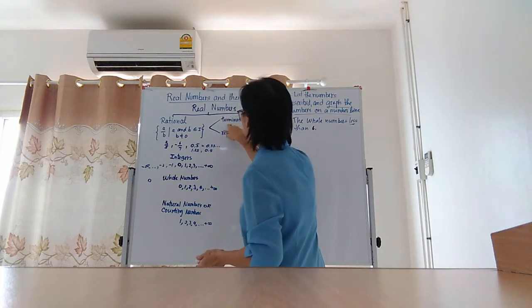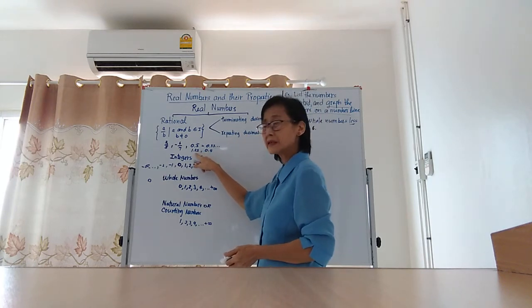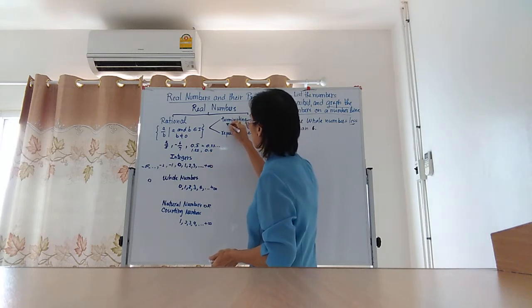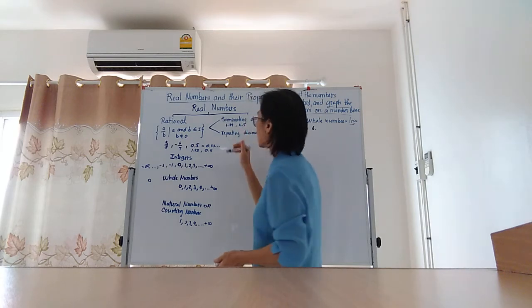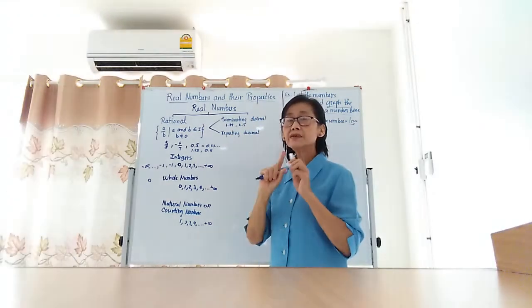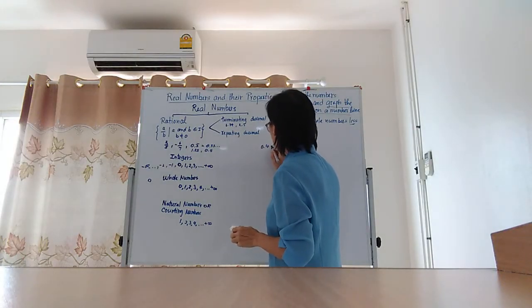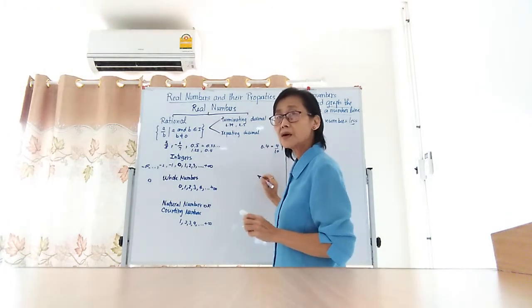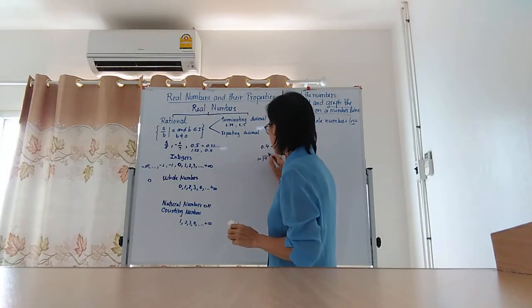For example, what is a terminating decimal? Like the examples I gave you: 1.25, 0.4, or 6.39, or maybe 2.5. It means when you do the division, for example 0.4, we can write it as 4/10, right? And then we do long division, our remainder equals 0, like 4 divided by 10.